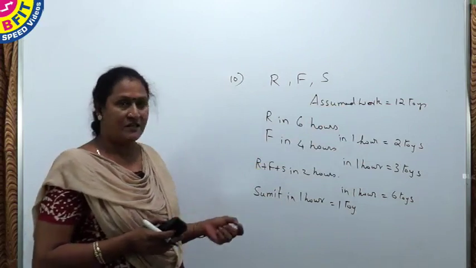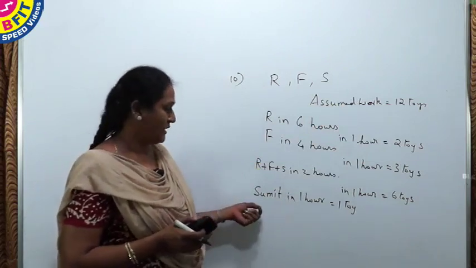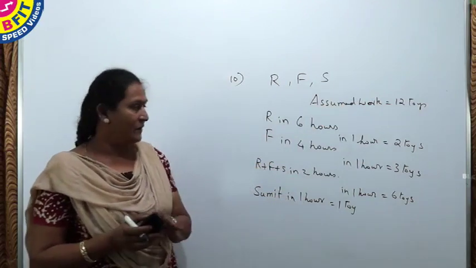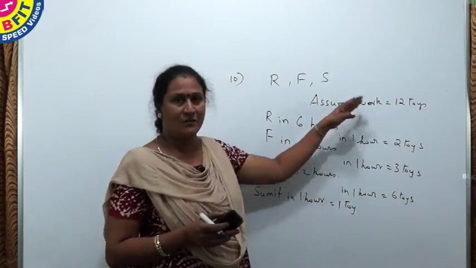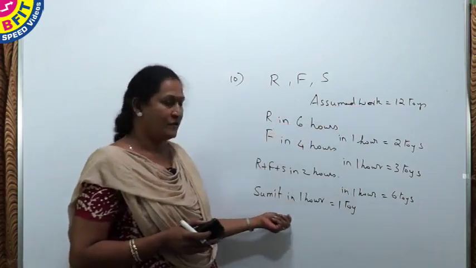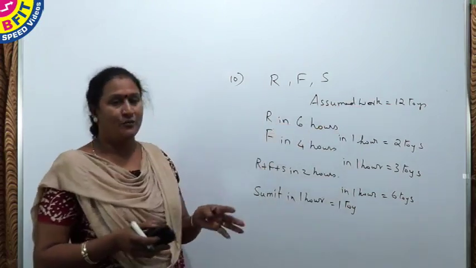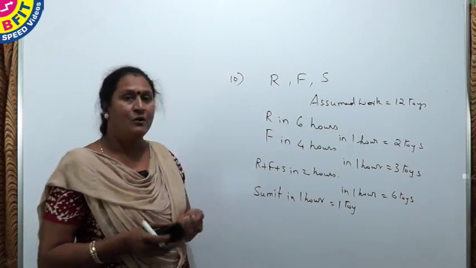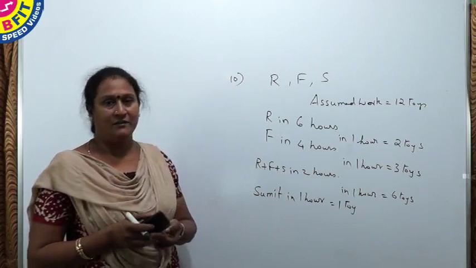The question is, what will be the time taken by Sumit to do the work? To design a multi-story building, we have assumed that the work is 12 toys and proceeded. So Sumit needs 12 hours to complete the work.